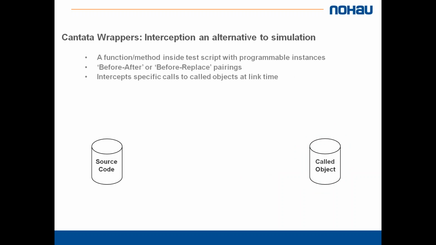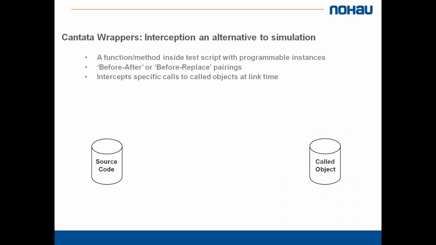Wrappers is a unique feature in Cantata, and I think it works very well for things that we need to test in real time. Imagine, for example, that you have a call from your unit under test, from your code, to a protocol handler, and you want to check if your protocol handler generates a bit error.